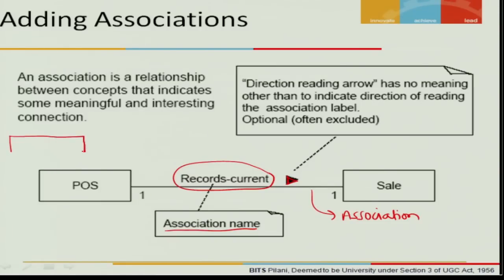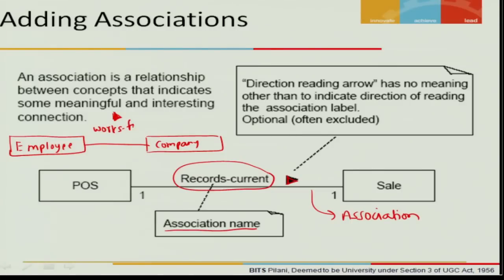There is an employee, this is one domain concept called employee, and there is another domain concept called company. These two are related to each other, so we put an association between them. Now employee, company, if you want left to right reading direction, it will be works for.